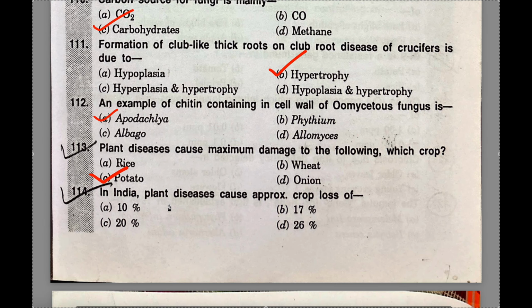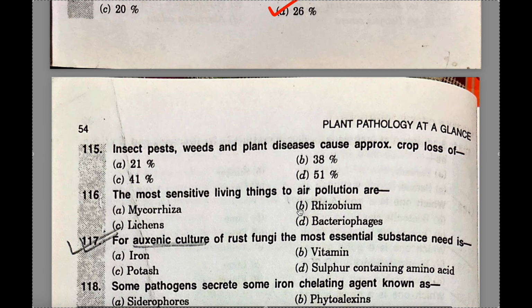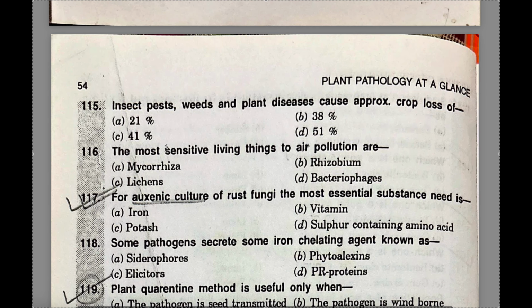114. In India, plant diseases cause approximately how much crop losses do you think? Is it 10%, 17%, 20% or 26%? This is actually the highest of all the options. It's 26%. Question number 115.